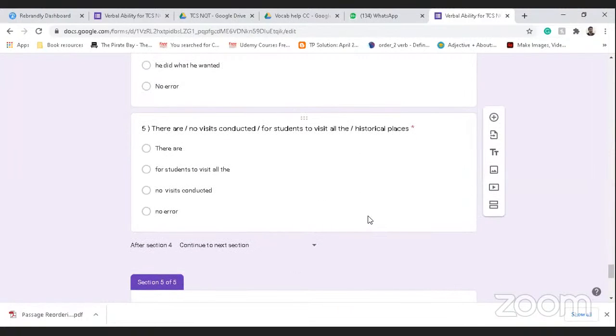Look at the 5th one. There are no visits conducted for students to visit all the historical places. No, there are is correct.